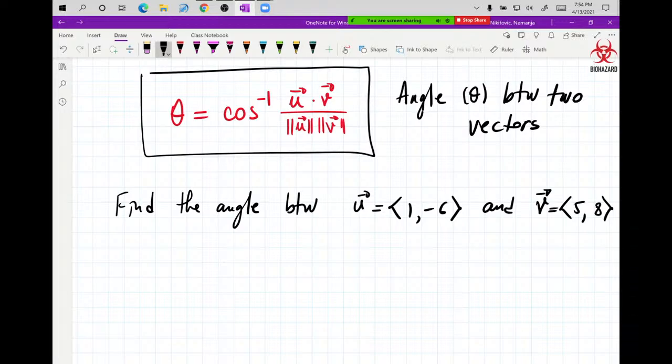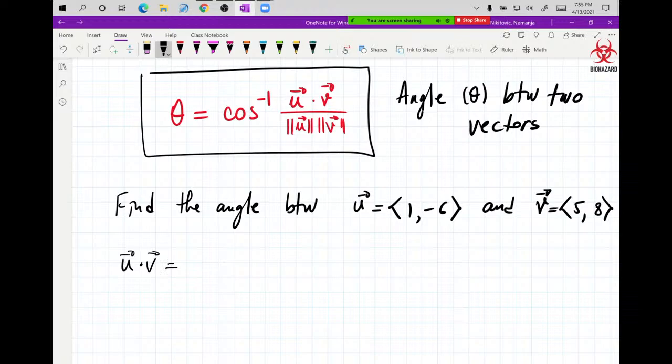All right, let's take a look at this problem together. You have to find three different components, and each one of those will give you a number in the end. So we are going to find the dot product, u dot v.